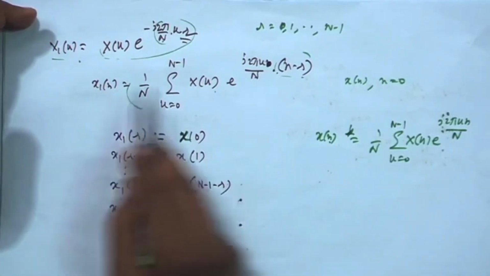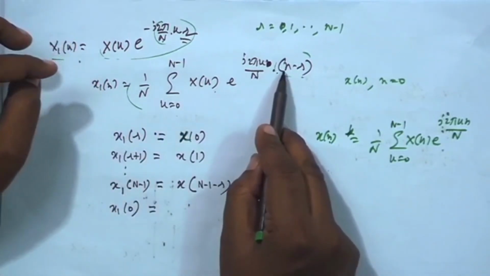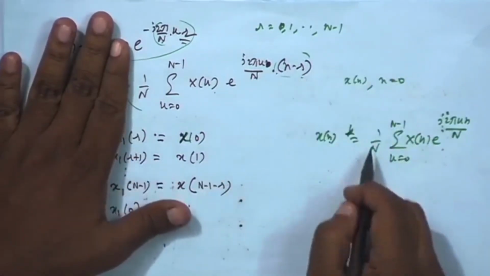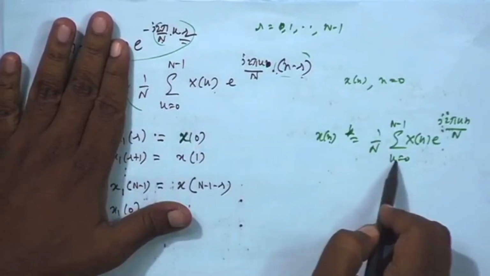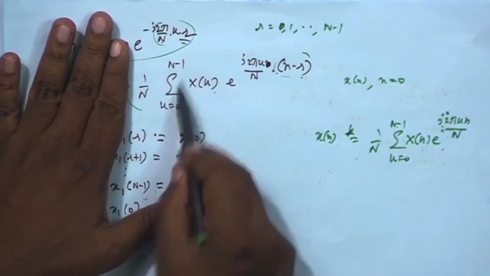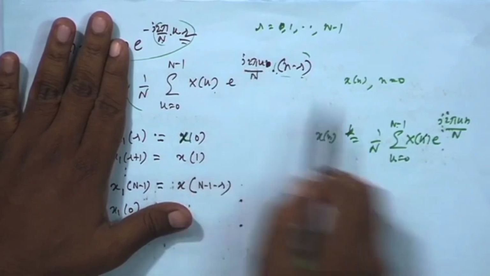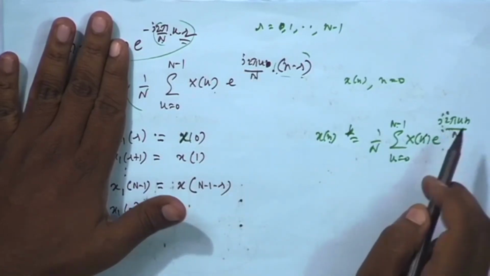So, x 1 r means small n is r here, r minus r is 0. So, this summation is what? 1 by n, summation k from 0 to n minus 1, capital X k, e to the power j 2 pi k by n, same here, all right.